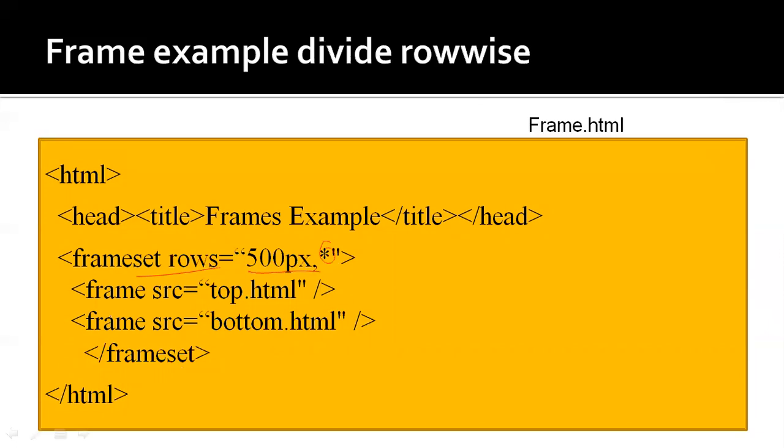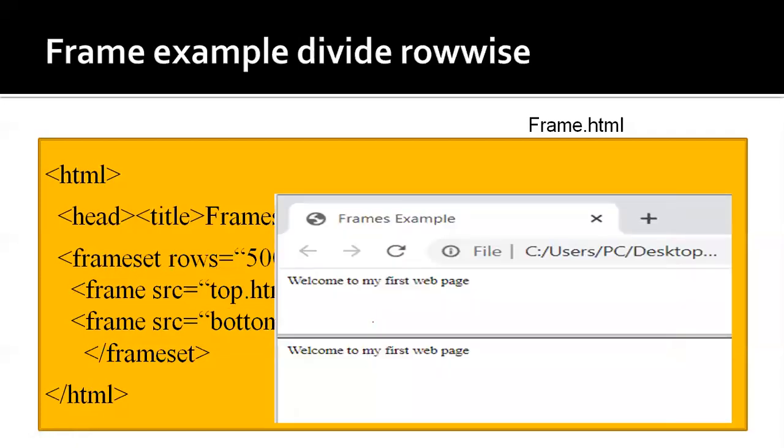Then for the first frame, we can write frame src is equal to top.html, and for the second frame or second row, we can write bottom.html. This is the name of the HTML document. This is top.html, and this is bottom.html.